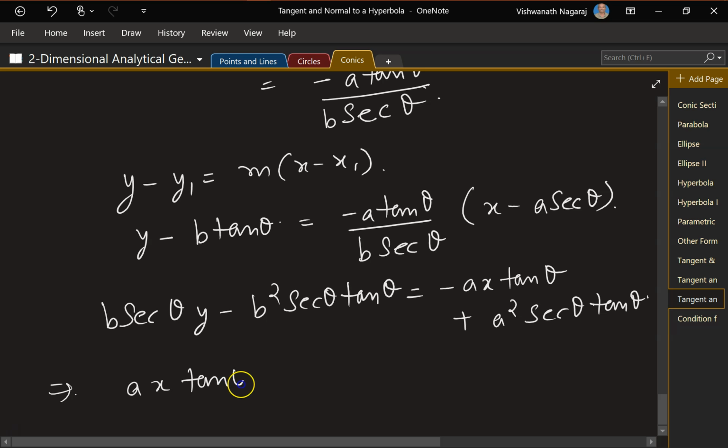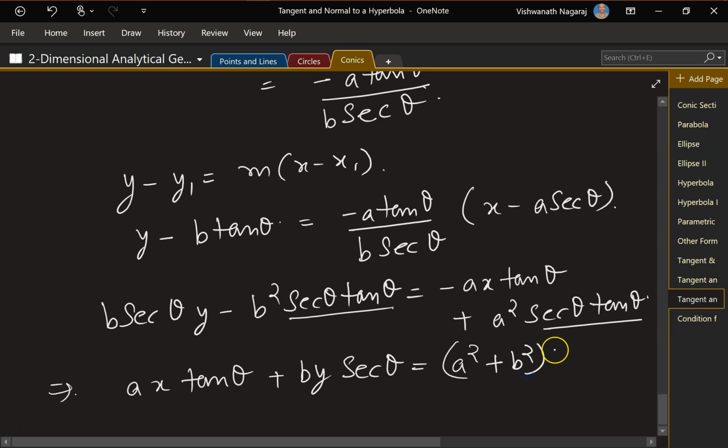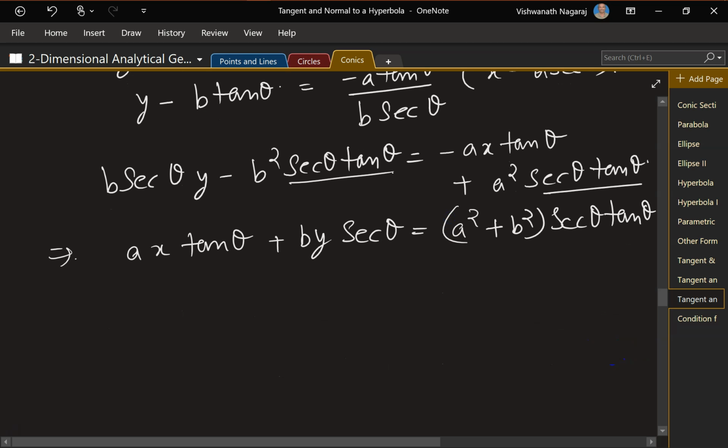So ax tan theta plus b sec theta y is equal to a square sec theta tan theta plus b square sec theta tan theta. Sec theta tan theta are common. Now let's divide the whole thing by sec theta tan theta.